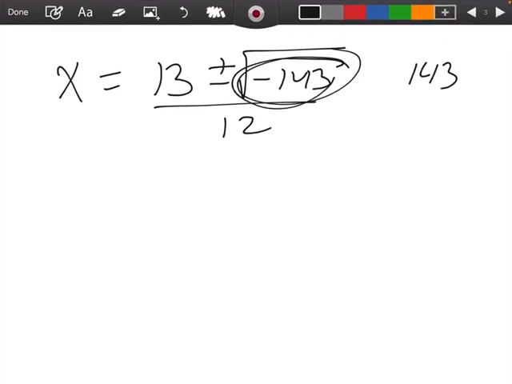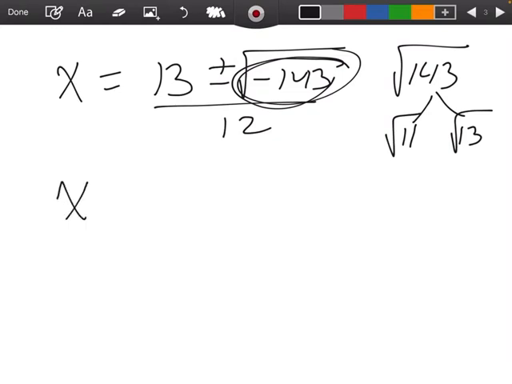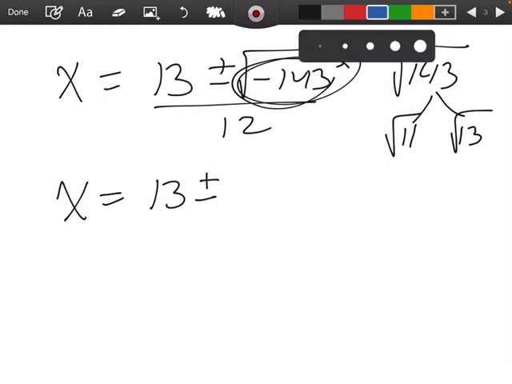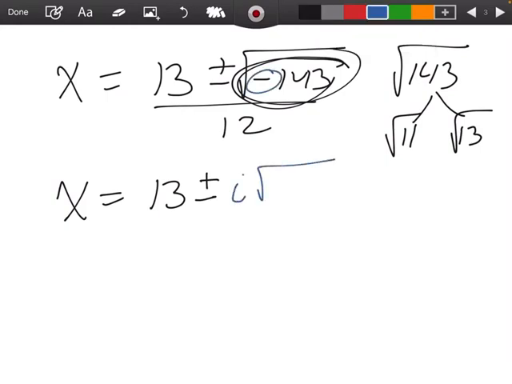I know there's a negative there; we'll deal with that in a little bit. It's 11 and 13. Since I'm taking the square root, I'm trying to see if I can simplify those, but I can't break down the square root of 11, and I can't break down the square root of 13. So I'm going to have 13 plus or minus, and since we have this negative on the inside, we're going to take out the i, i square root of 143, all over 12.